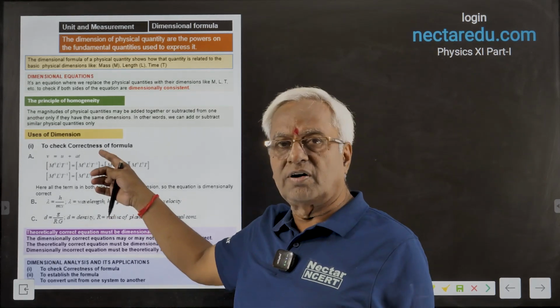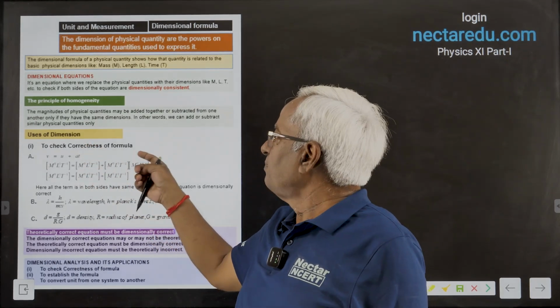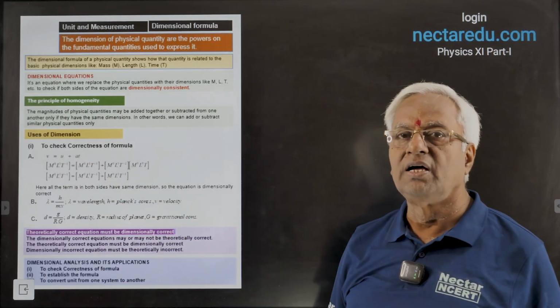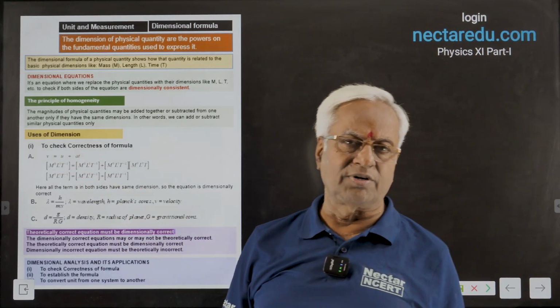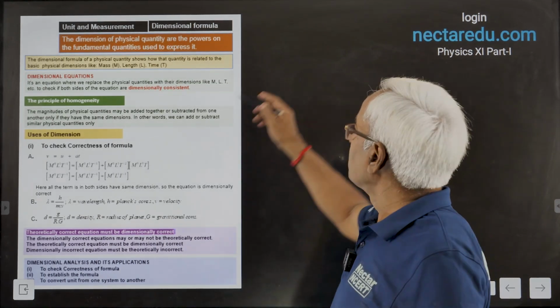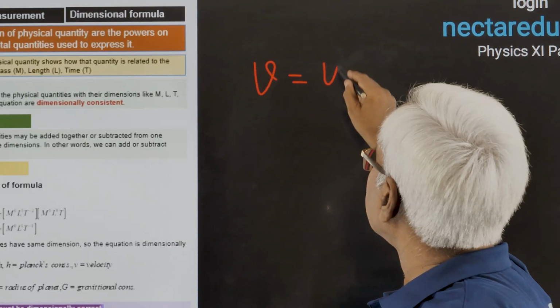But first of all, we are going to look in detail at the first use of dimension, that is to check the accuracy, correctness, or even the consistency of an equation.